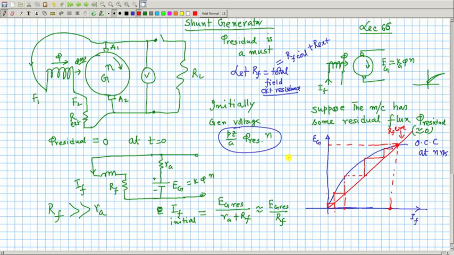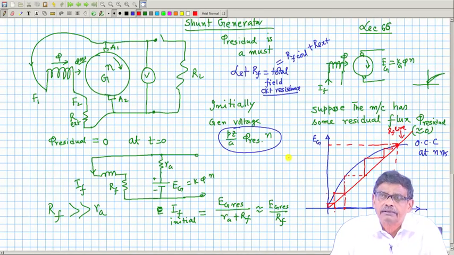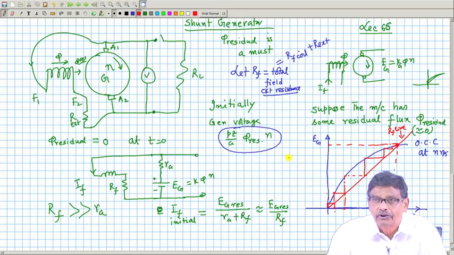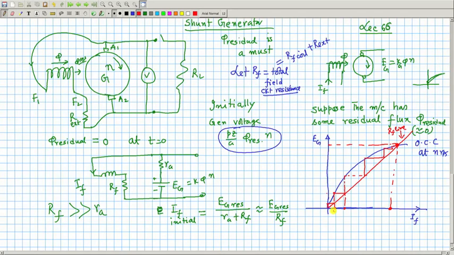So, a shunt generator, although apparently it looks like it cannot generate a voltage, but with some residual field present and with proper connections of field and armature coils in parallel, that is very important. Because if it is connected in such a fashion that this field current MMF opposes phi residual, then this process will not go.